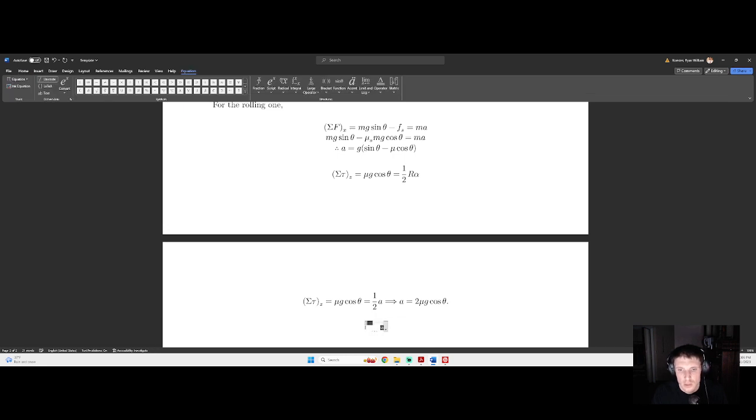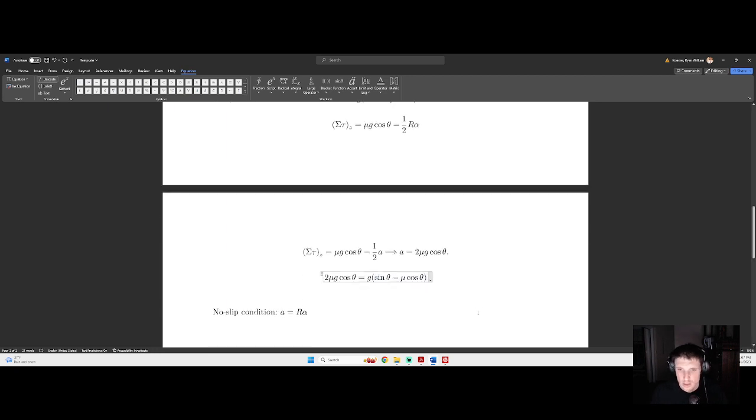So I write 2 mu g cosine theta equals g sine theta minus mu cosine theta. And I can even cancel the g's here, so let me do this carefully. So 2 mu cosine theta on the left hand side equals sine theta minus mu cosine theta on the right hand side.